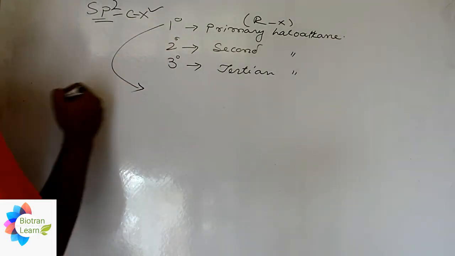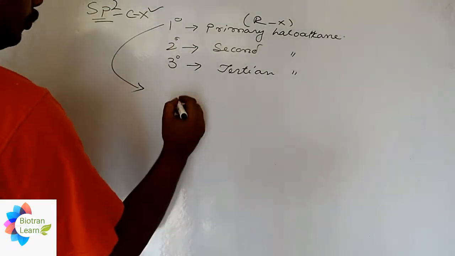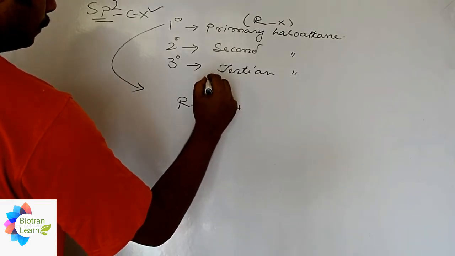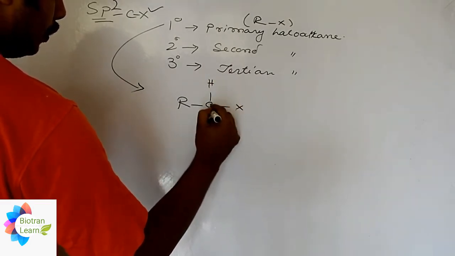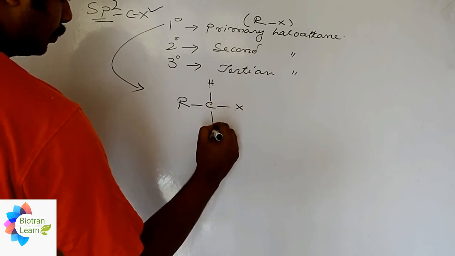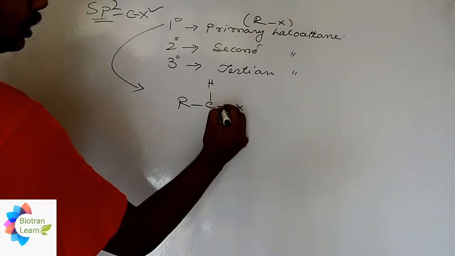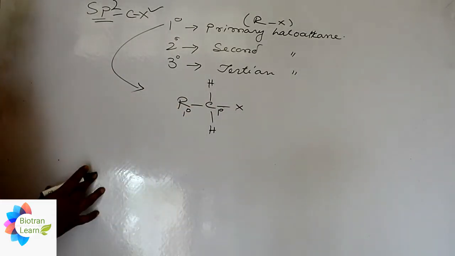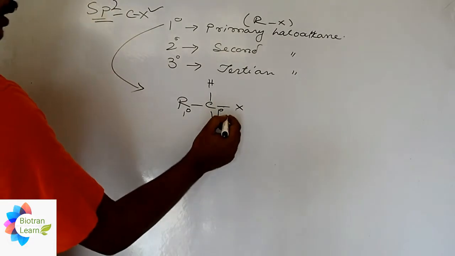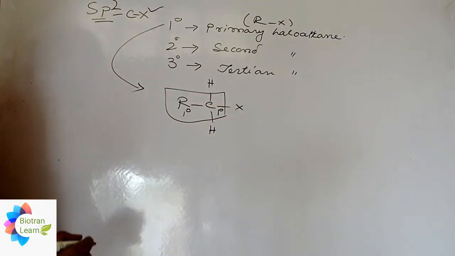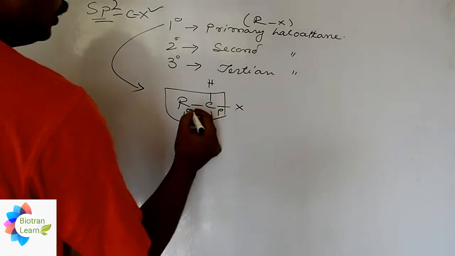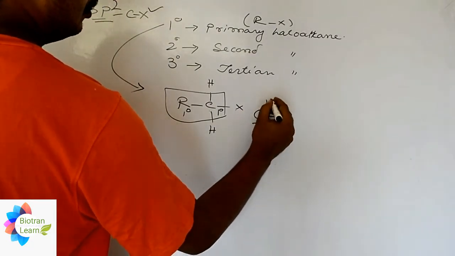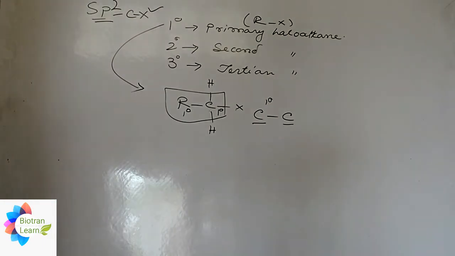So in case of primary haloalkane, what we will have, R-CH2-X. Now this carbon is 1 degree carbon, and even this carbon is 1 degree carbon. When we say that this is a primary structure, when there is a bond between two subsequent carbons, it will be known as 1 degree carbon, right?